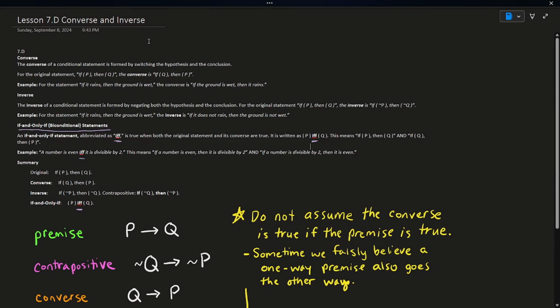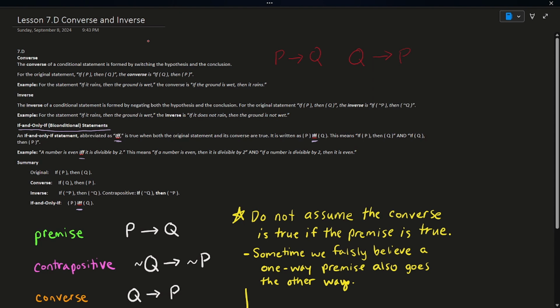All right, moving along to lesson 7D, converse and inverse. A lot to be said here. The converse of a conditional statement is formed by switching the hypothesis and the conclusion. Pretty easy. If P, then Q, and we're going to switch it: if Q, then P, right?